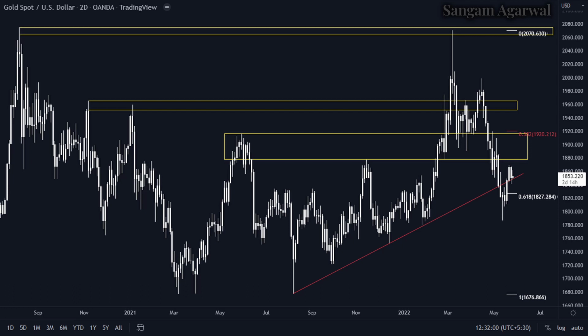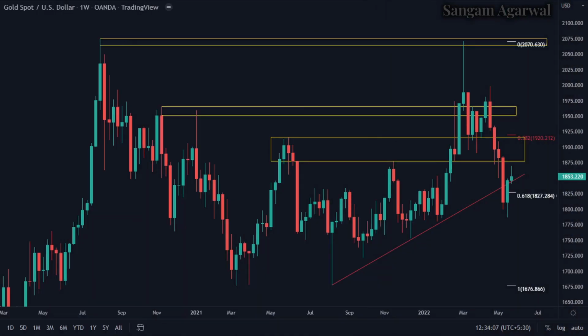If that resistance area breaks again, then a new bull trend will start immediately, or a sideways correction or retest of 1680. If we go to the weekly time frame, we can expect the next weekly candle can retest this resistance area. So this is a weekly resistance zone, so trade carefully on the H1 time frame.